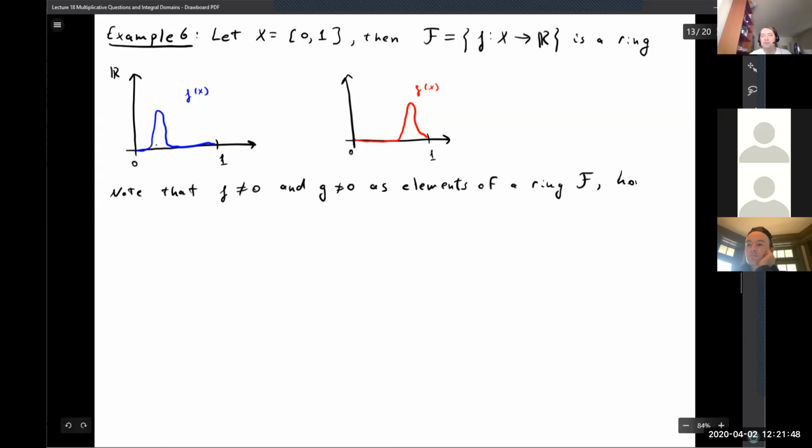However, fg equals 0. If you take the product of these two functions, you'll get a function which is 0 identically. Okay, so any questions about this example?